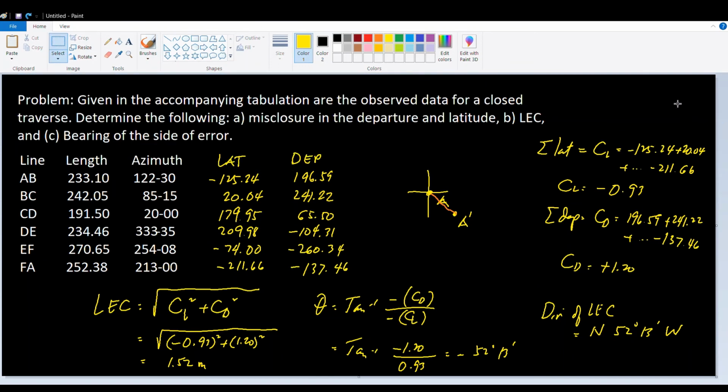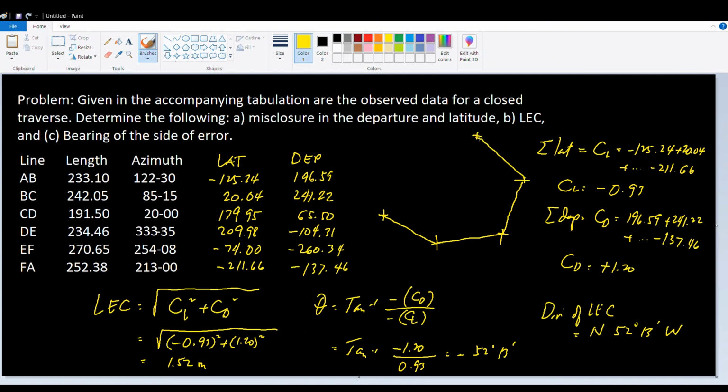So more or less, what is the sketch of the traverse? 122, it's somewhere here, and then 85 going there, then positive 20 over there, 333, so it should be somewhere there.